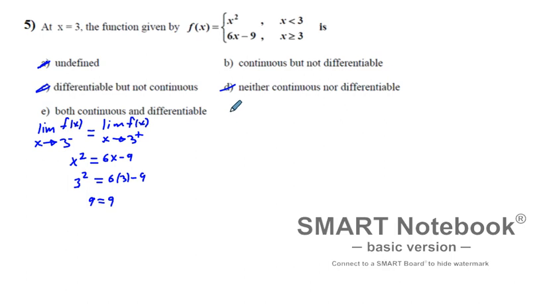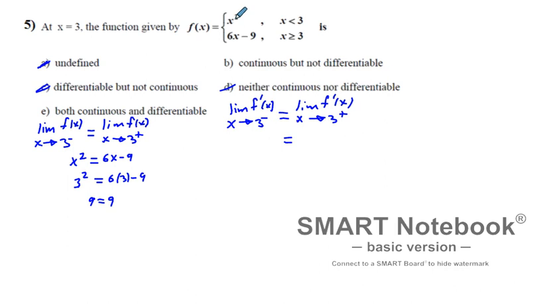Next we test for differentiability by seeing if the limits as x approaches 3 on the left side of f prime of x match the right. And so we take the first derivative of each side.